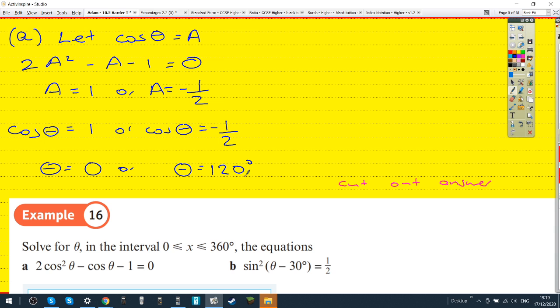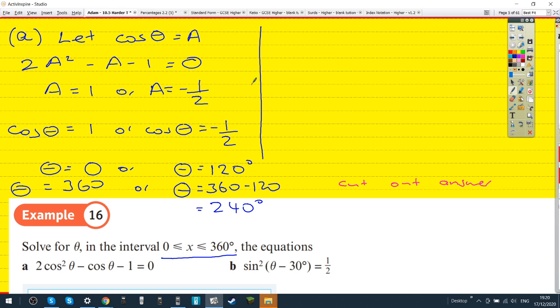Can we get more answers between 0 and 360? Yeah, we can add 360 to the first. So theta is 360. How about the other one? Could you do 360 minus 120? Yeah, which gives you 240.